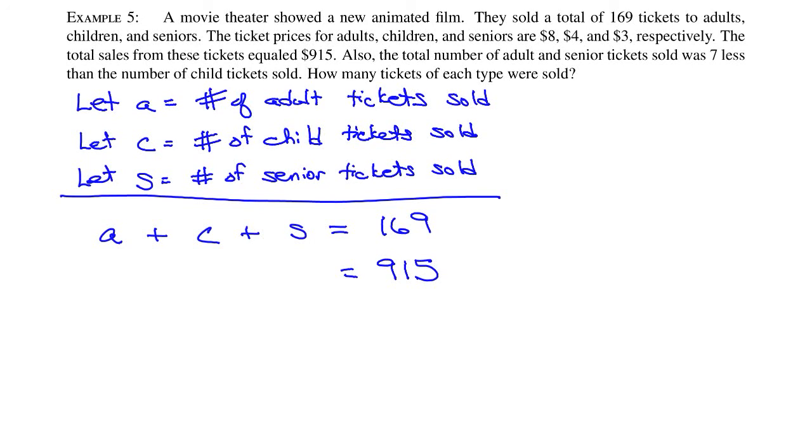Well, we sold A adult tickets, and they cost $8 each, so the revenue from adult tickets is 8A, the price times the number sold. Same thing for the child tickets. Child tickets cost $4, and we sold C of them, so the revenue from child tickets is 4C. And finally, for seniors, $3 a ticket, we sold S of them, so it's 3S. And that total is $915.